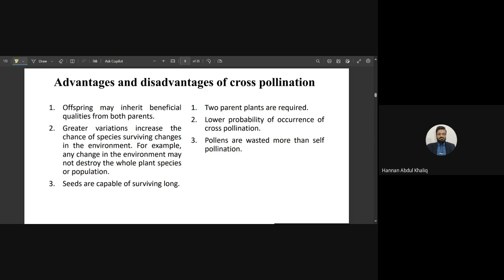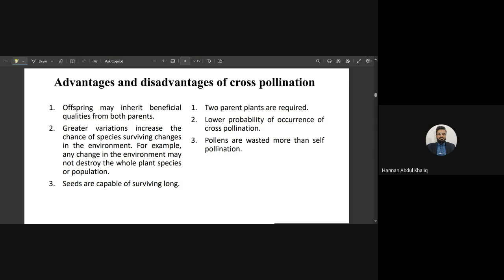But going to the advantages, the biggest advantage, on the basis of which most plants are right now surviving, is that when you cross between two different individuals, two different plants, there is a very high chance that both are surviving in nature.